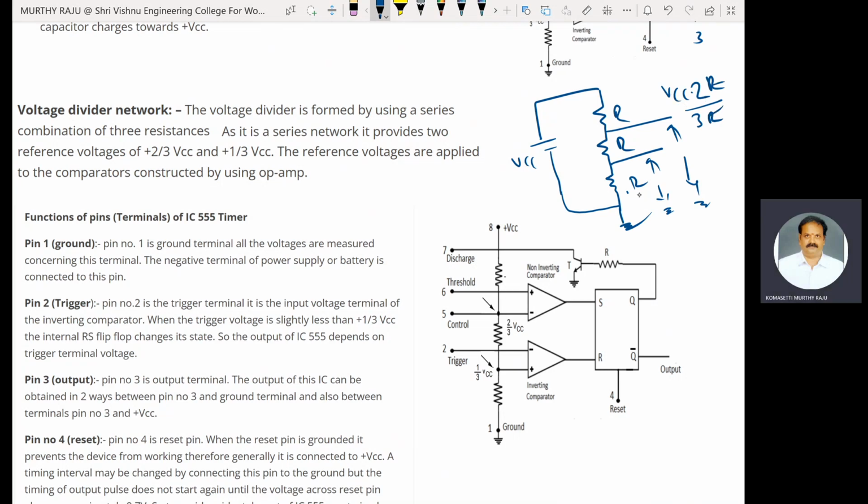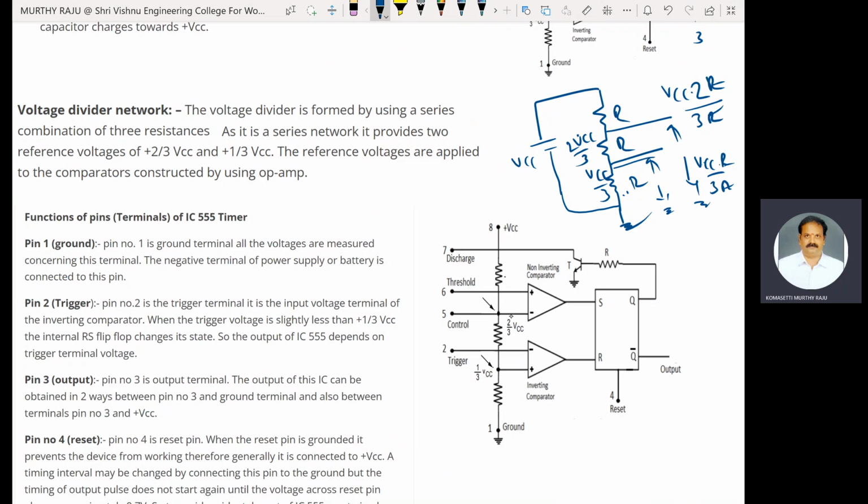That is 2 VCC by 3. Here, this voltage is VCC into R by 3R, that means VCC by 3. This voltage is 2 VCC by 3.